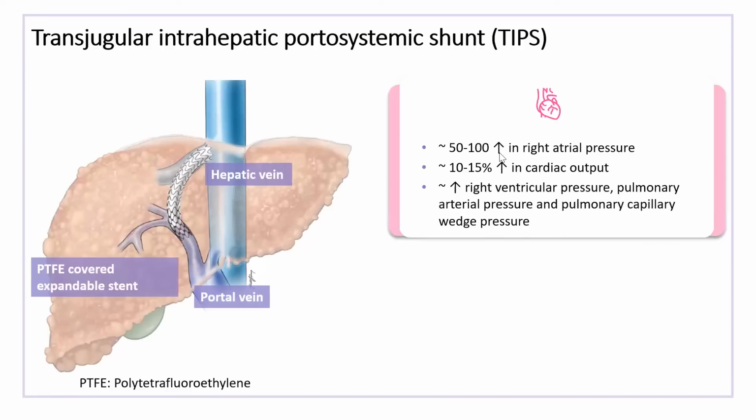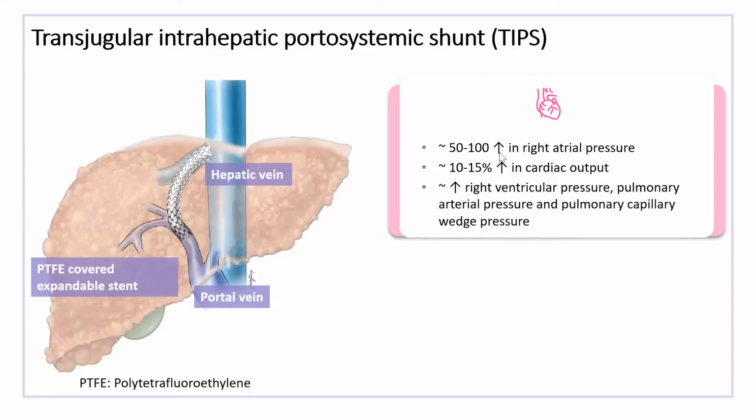Now, it has several effects. It shunts the blood away from the liver, which leads to a 50 to 100% increase in right atrial pressure. And because of the inotropic effect on the left ventricle, there is a 10 to 15% increase in cardiac output. Unsurprisingly, it can also lead to an increase in right ventricular pressure, pulmonary arterial pressure, and thus the pulmonary capillary wedge pressure.